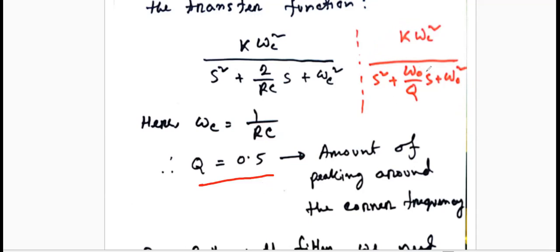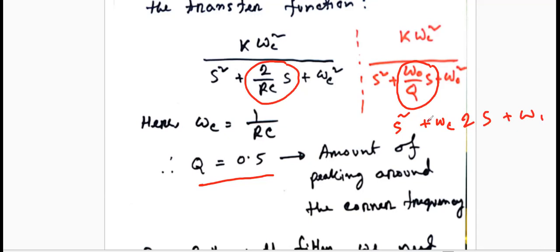You need to compare this with this, where 1 over RC, that is S squared plus 1 over RC is omega C or omega 0. And then we have Q, which must be equal to 0.5 in the denominator. So it is equal to 2 times S times omega C. So these are the two values.